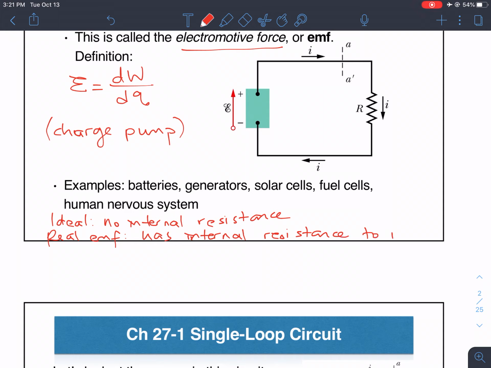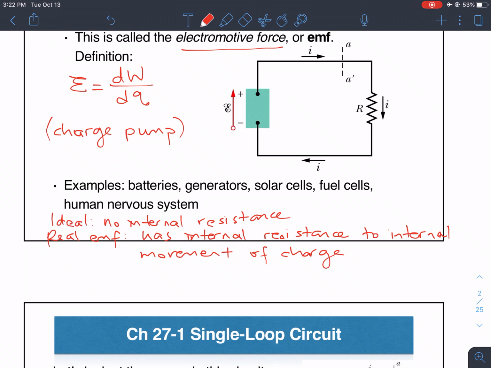To the internal movement of charge. So basically, we see from the previous chapter that when there's resistance, it's going to eat up some of the energy, right? And it's going to warm up, and there will be thermal energy or heat released. And so an ideal EMF doesn't have that internal resistance.